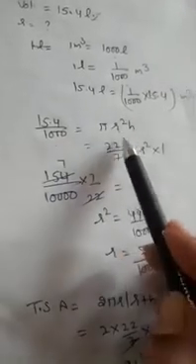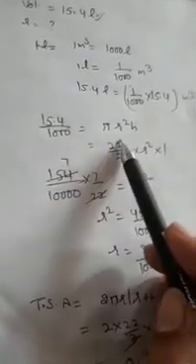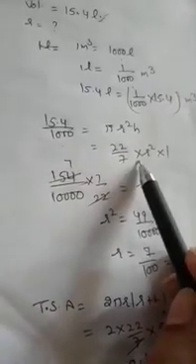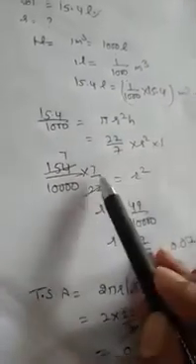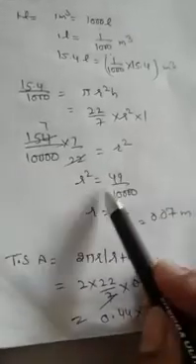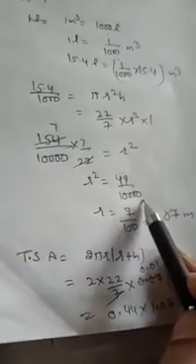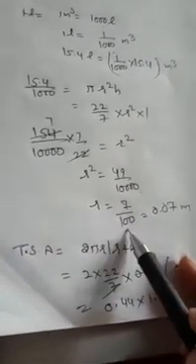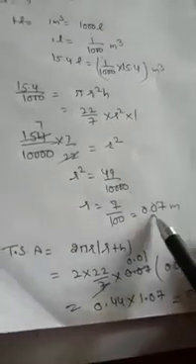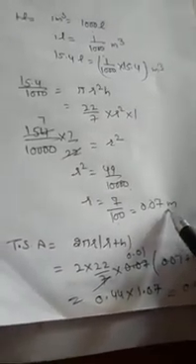This is volume, use the formula pi R square H. Pi is 22 upon 7, R we have to find, H is 1. When we solve this, we get R square is equal to 49 upon 10,000, or R is equal to 7 upon 100. In decimal, 0.07 meter.